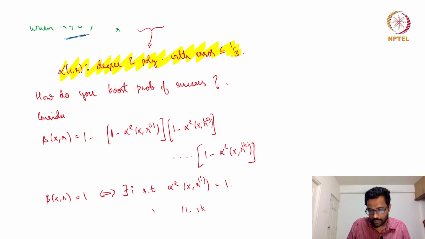1 minus alpha square with r superscript 1 being the first set of random bits, r superscript 2 being the second set of random bits, and so on.